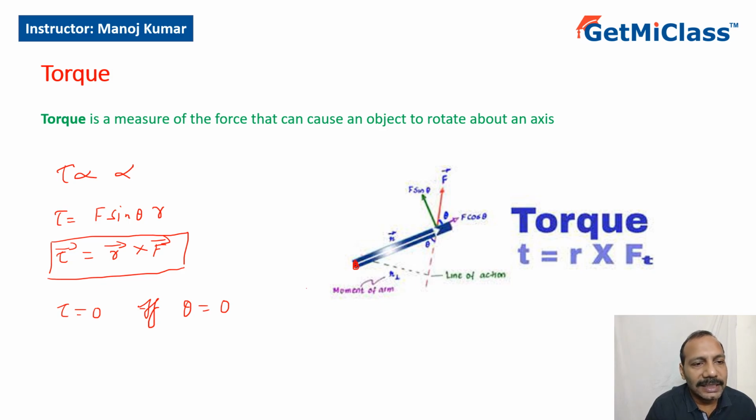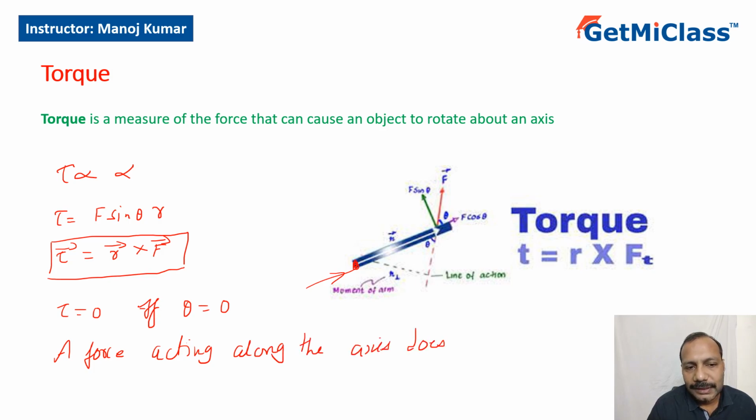So if a force is acting along the axis of the body, then the torque produced by the force is 0. So I can say a force acting along the axis does not produce torque. Fine. So this is torque. Torque is given by cross product of R and F.